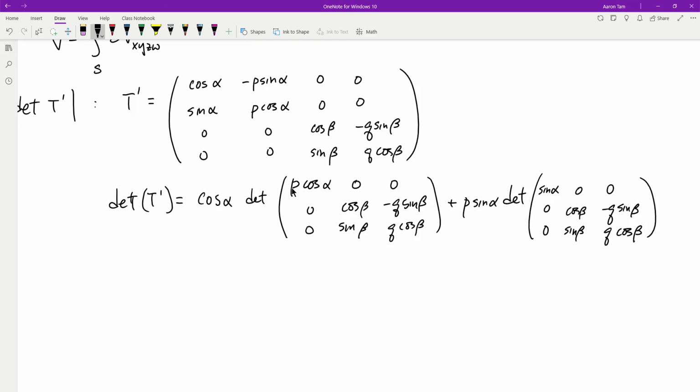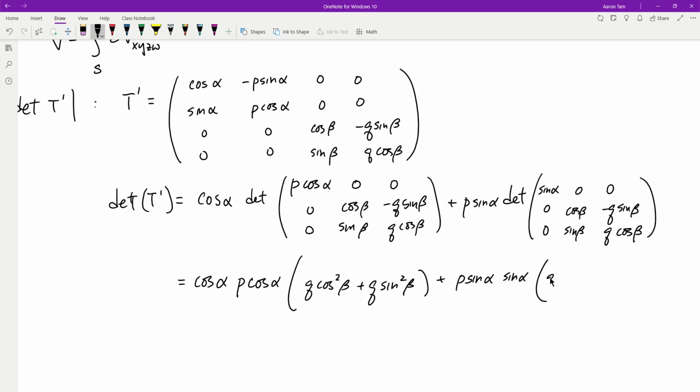I can put it together and say that's just equal to cosine alpha multiplied by P cosine alpha multiplied by AD minus BC, so Q cosine square beta minus, but this has a negative, so plus Q sine square beta, plus P sine alpha multiplied by sine alpha multiplied by AD minus BC, which is Q cosine square beta plus Q sine square beta.